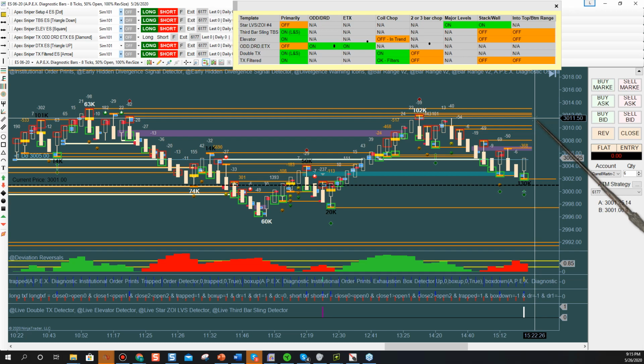You don't have lots of obstructions. You don't have 3 in the way. You don't have chop yet. You've only had 2 bars so far. 2 bars isn't chop. 2 bar, 3 bar chop means up, down, up, down, up, down.